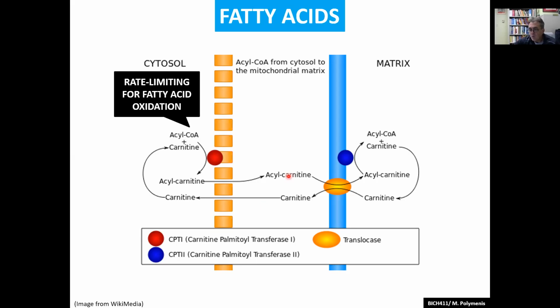They're very important because they determine the rate at which fatty acids get broken down. All the other enzymes that we're going to see that are involved in the acyl-CoA breakdown in the mitochondria are not actually rate limiting for how fast you break down the fatty acids. It's how fast you bring them into mitochondria to be broken down, and that is mediated by these transferases that do the swap between acyl-CoA and carnitine.